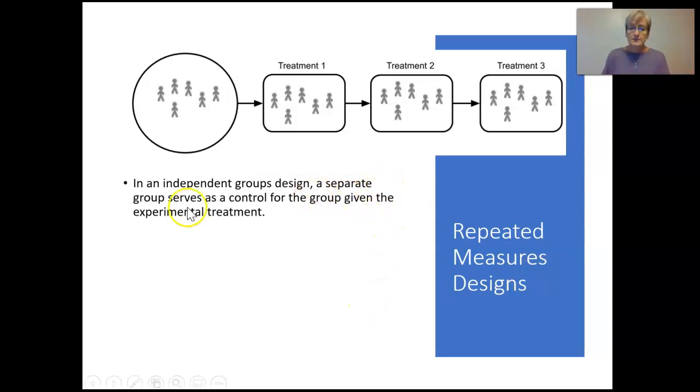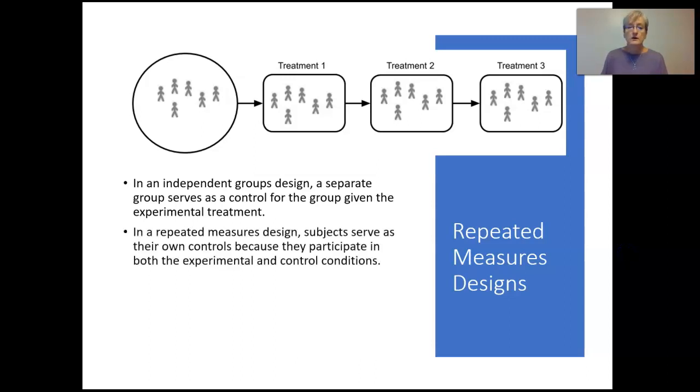A separate group of people serves as the control group in your experimental design. Or you have people in naturally occurring groups, say you're comparing males with females, or freshmen versus sophomores versus juniors versus seniors. Those would be considered naturally occurring independent groups as well.